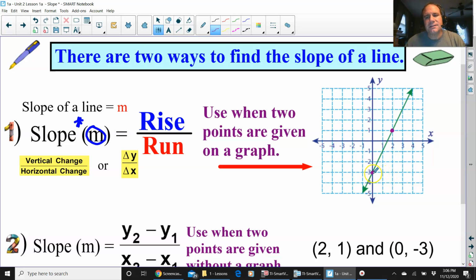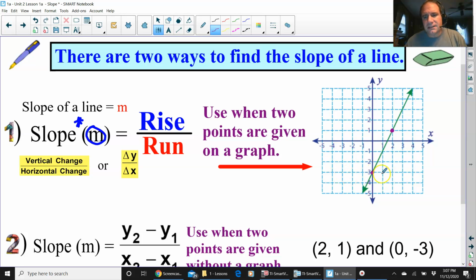So the idea is that you have to measure the incline of this line. One way that you can measure the incline of this line is to draw a right triangle, creating a right triangle connecting those 2 points. The way I think about it is that these grids on the coordinate grid, these lines, you just have to follow the lines.